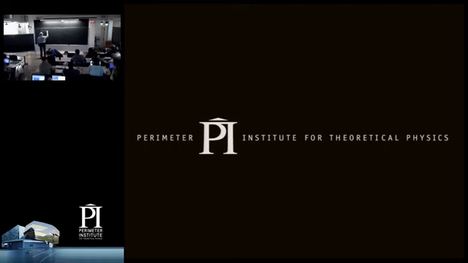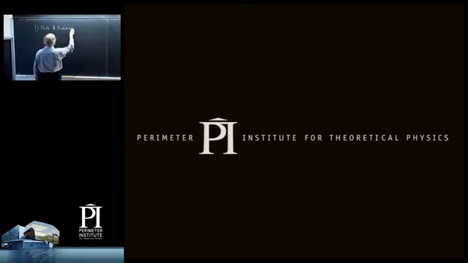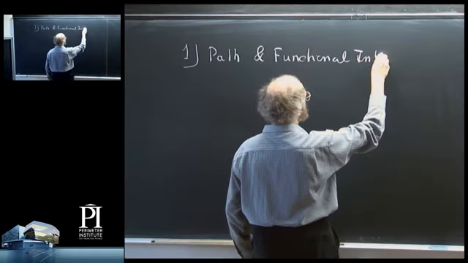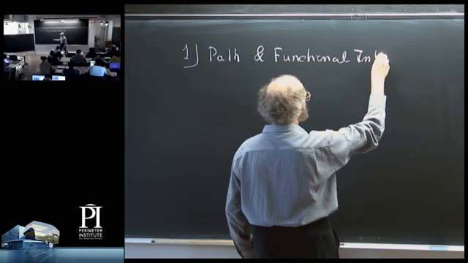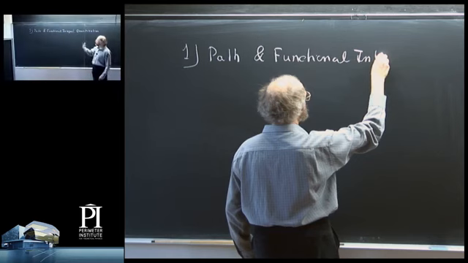path and functional integral quantization. Functional will be just a generalization of the idea of Feynman about how to quantize mechanical systems by means of sum over paths or classical histories to a field, to a relativistic field.